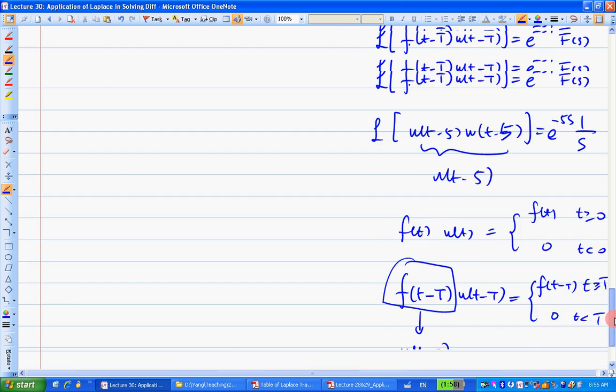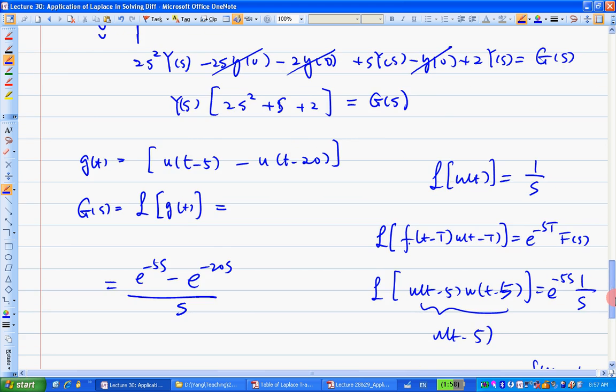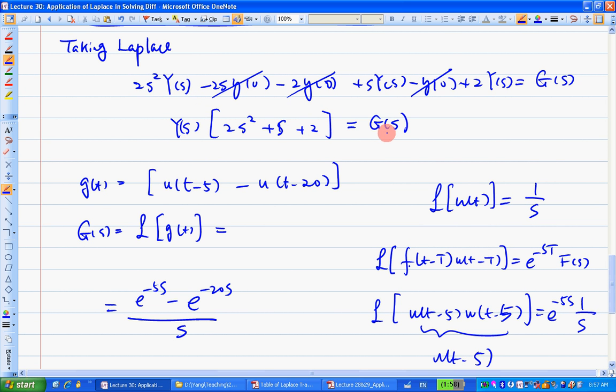So that's basically Laplace. Now I can write it down here. The Laplace of this one here is e negative 5s minus e negative 20s over s. So there are two exponentials over s here, and then here's Y of s equal to this.